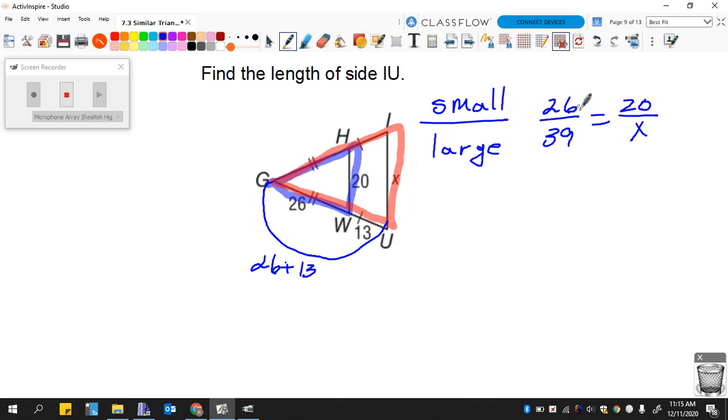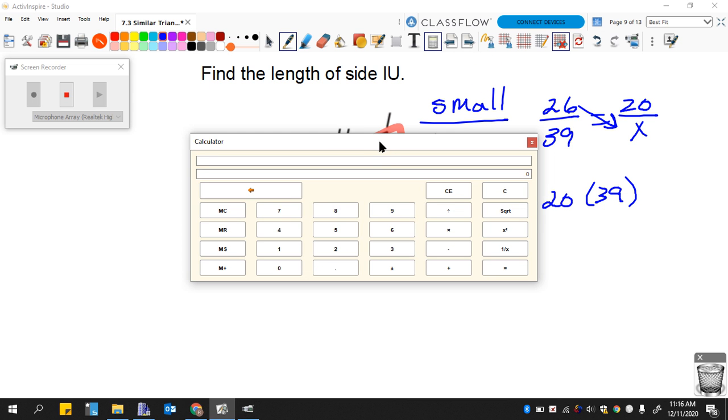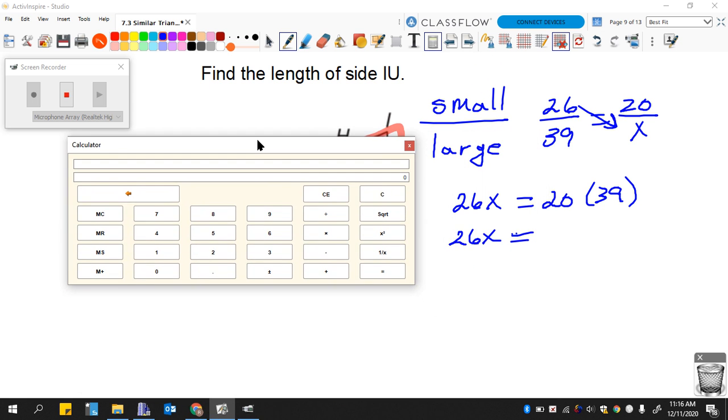So then we're going to cross multiply again. So that's 26 times x, or 26x, is equal to 20 times 39. If I do 20 times 39, I end up with 780.